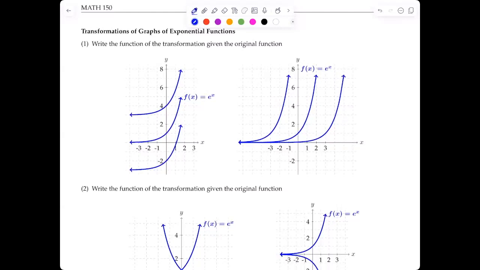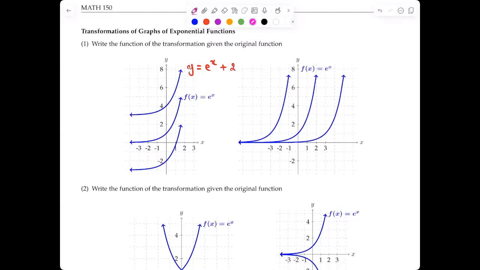So let's do the vertical shift up. This is y equal to e to the x plus 2. Now you shift it down by 3 units.